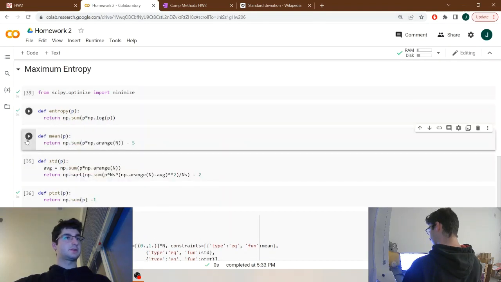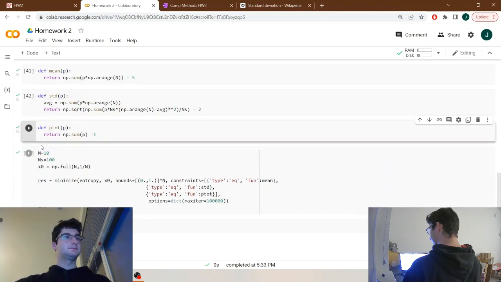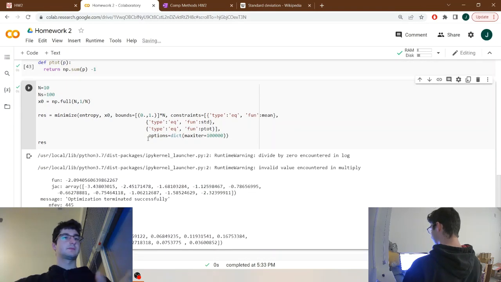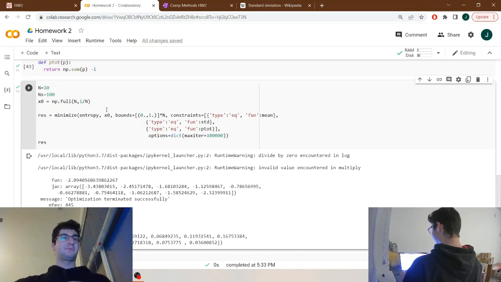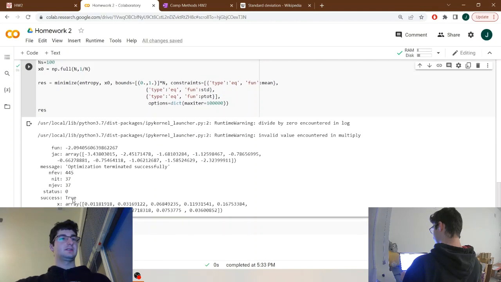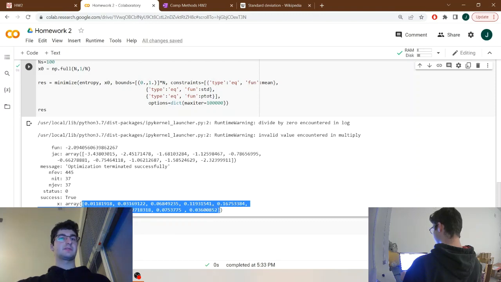So if I run all these again, ta-da, it worked. Why that made such a difference, I have no idea, but it worked. So now that we have this, terminated successfully, it's true. These are our probability values from 1 to 10.